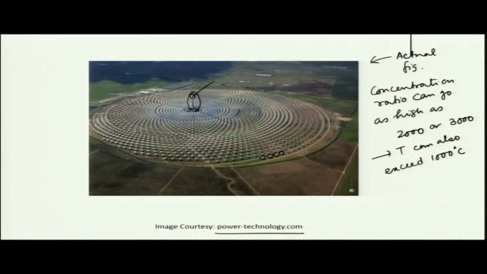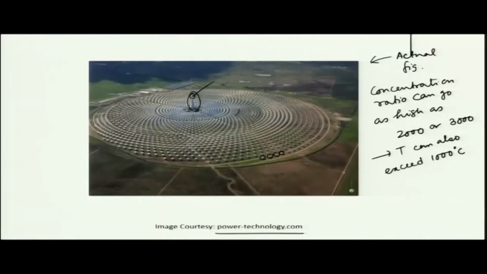When you increase the temperature, the Carnot efficiency increases and the efficiency of the power plant increases, because temperature signifies the quality of heat. When the temperature is higher, that heat is more useful, the quality of heat is more. So, in a heat engine it will produce more power.